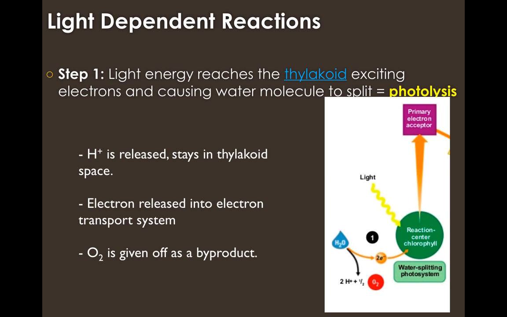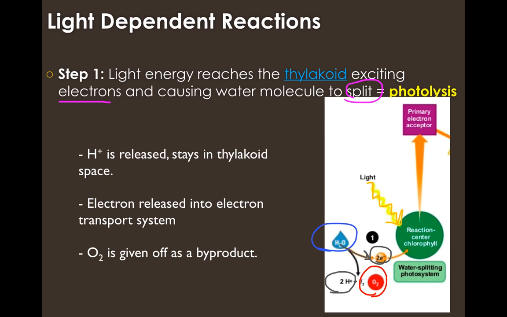All right, so step one in photolysis, the light energy reaches the thylakoid, which excites electrons and causes the water molecule to split up. So again, here we have our light, and here we have our water molecule, and it causes it to split, which releases oxygen. That's that byproduct. And it also produces two hydrogen ions and also two electrons in that process of the splitting.